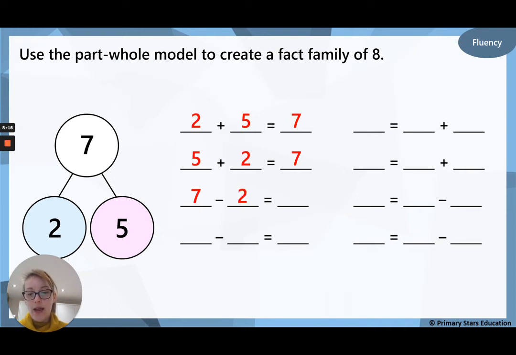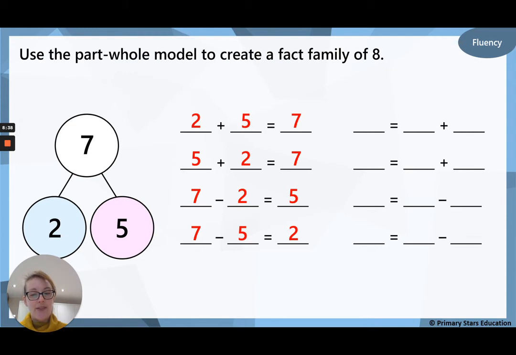If we take away this part, we will be left with the other part. Remember the subtractions we practiced last week when we were breaking apart our number into 2 parts? So 7 take away 2 equals 5, and the other subtraction we could write would be 7 take away 5, take away the other part, it equals 2.